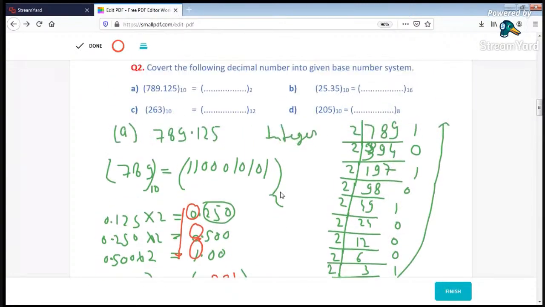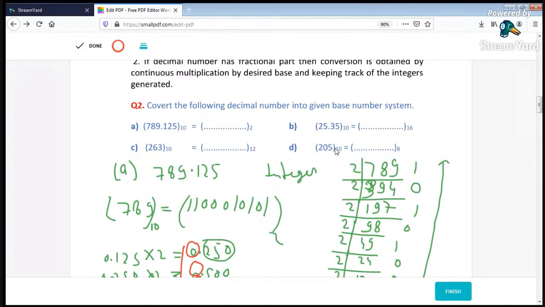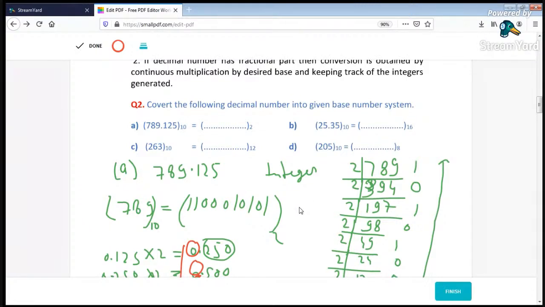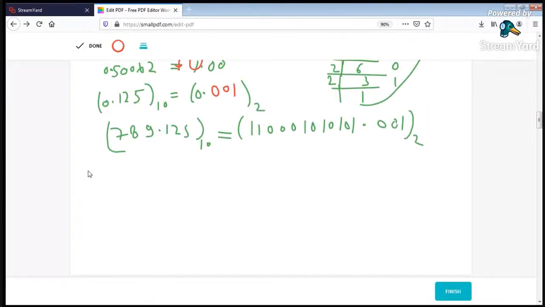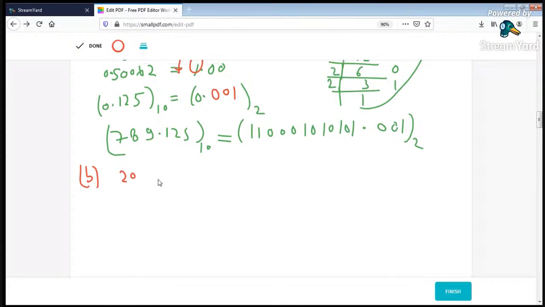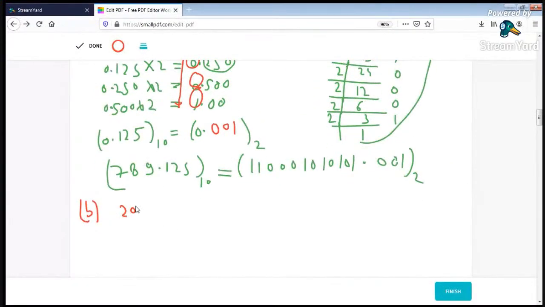Now the next problem is 25.35. Similarly, you can solve 25.35 into base 16. I will show you how we can solve this one. This is in decimal.